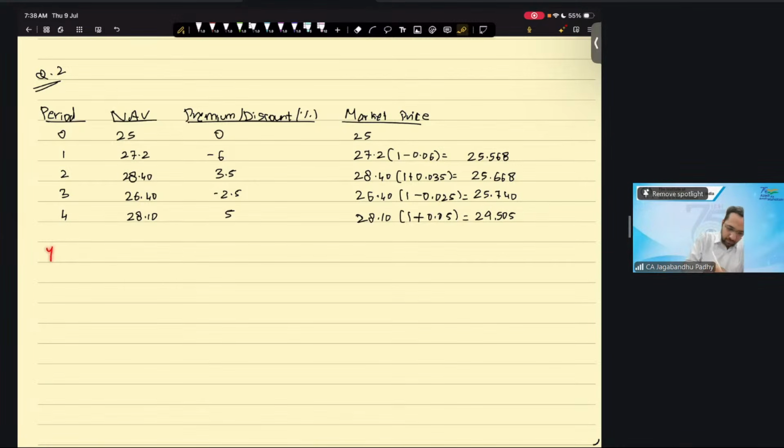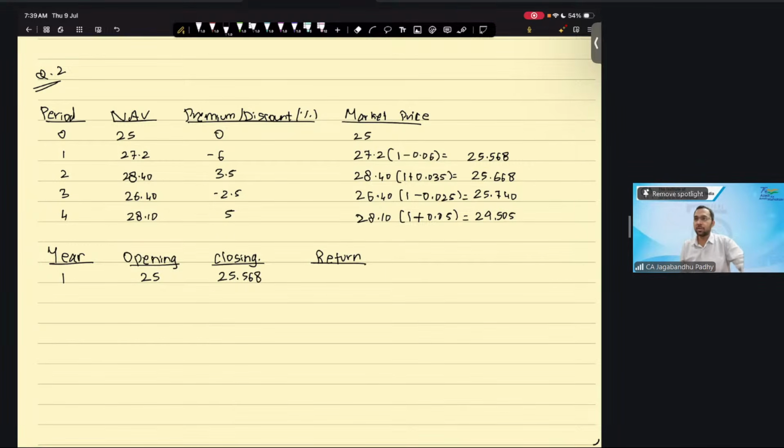So we'll say year, you have the opening market price, you'll have the closing market price, and then we compute the return. So in year one, your opening market price was 25. Closing market price is 25.568.